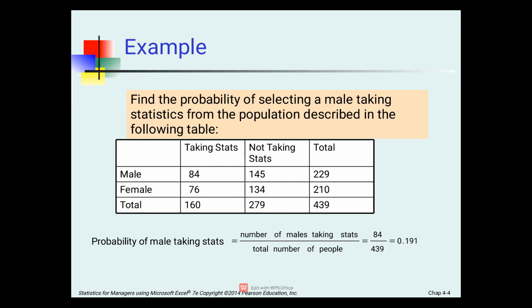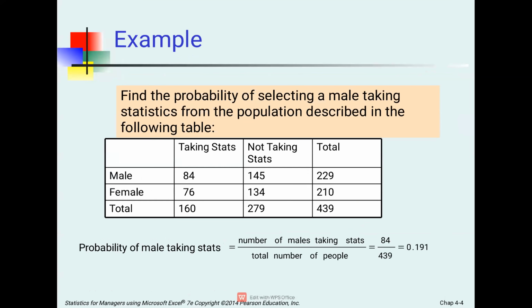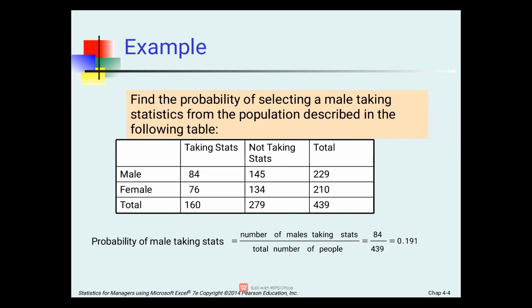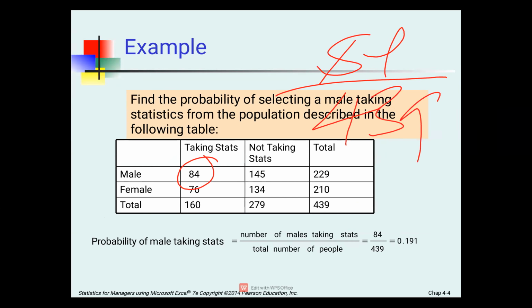If you got that, then the question is, what is the probability of males taking statistics? The probability of males taking statistics will be the number of males taking statistics, which is 84, divided by the total number of people in the class, 439, and we have 0.191 as the probability.